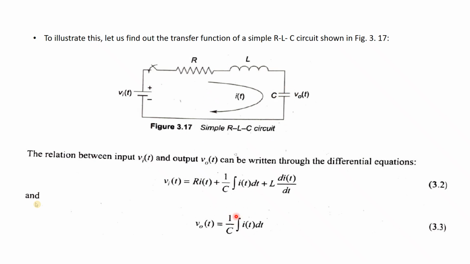Now the output voltage V0. So the output voltage is 1 by C integration of i(t) dt. This is because the output is inside this KVL equation. So it is nothing but v_i(t) equals R i plus V0 plus L di/dt, because this is the output.